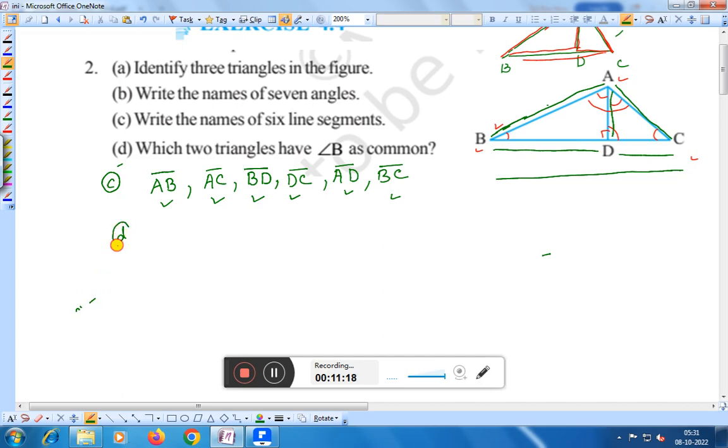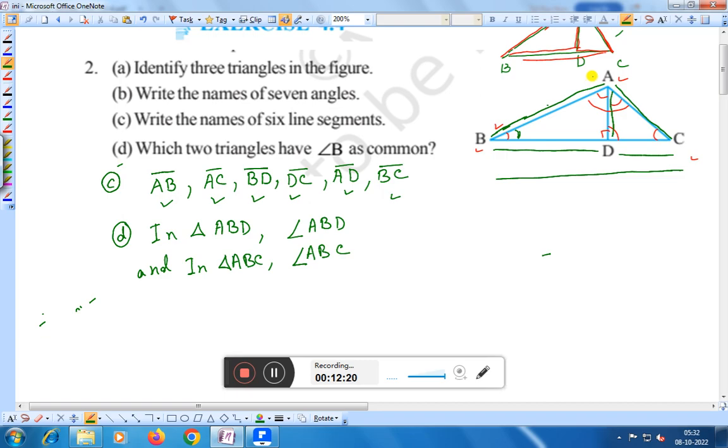In this case here you see in triangle ABD, and in triangle ABC, angle ABC is common. Angle B means this angle, you see this angle.